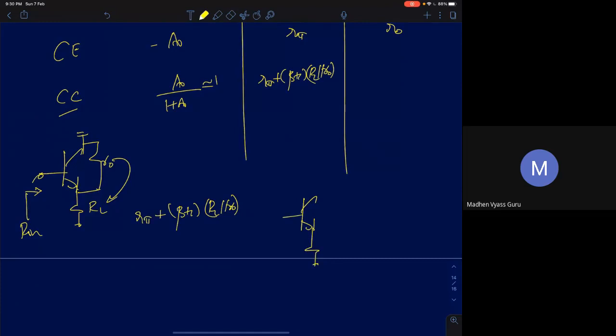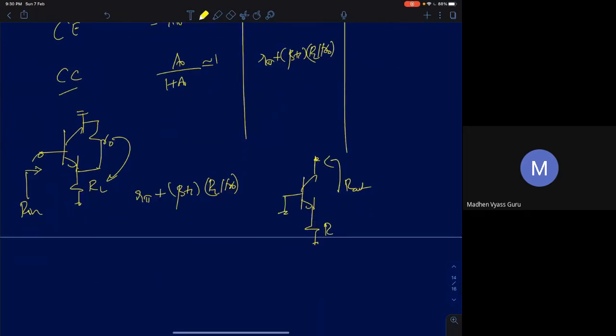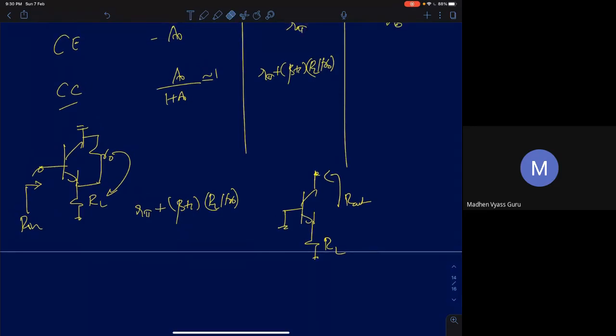In the output resistance of the common collector configuration, you are looking at the output terminal with the base grounded. Even if you have Rs, I told you how to derive it, but let's assume the base is grounded. Okay, I'm sorry, this is common collector. So for the output resistance, you are looking into the emitter and the source is at Rs. What is the value of the output resistance?